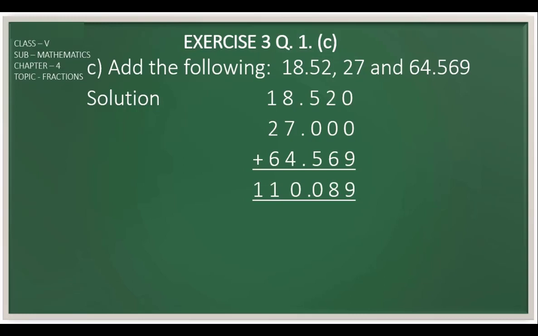So the cost of chocolate is equal to rupees 25. Cost of burger is equal to rupees 37.5. Cost of pizza is equal to rupees 350.75. Therefore, the total money spent will be equal to rupees 25 plus rupees 37.5 plus rupees 350.75.